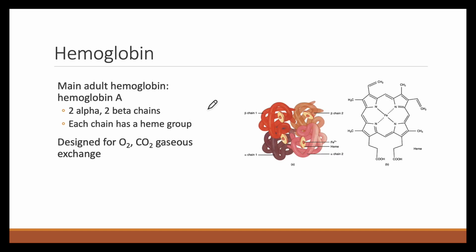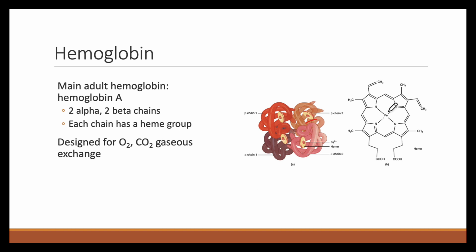The most important component of a red cell, and that which gives a red cell its color, is hemoglobin. Hemoglobin is composed of 4 globin chains, each of which contains a heme ring. The main adult hemoglobin is hemoglobin A, and is composed of 2 alpha and 2 beta chains. It is hemoglobin, and specifically the heme ring, that's responsible for oxygen and carbon dioxide gas exchange.